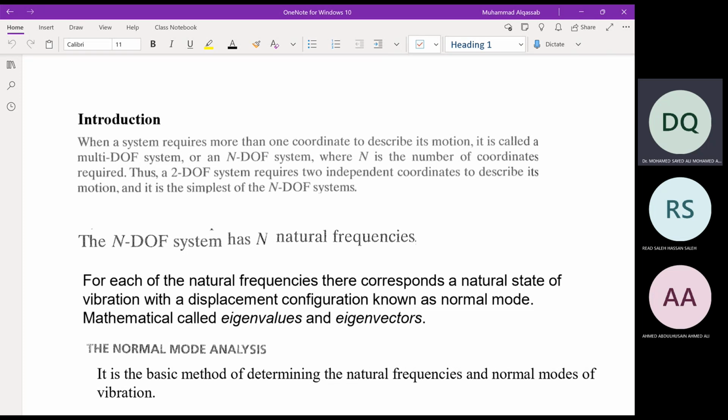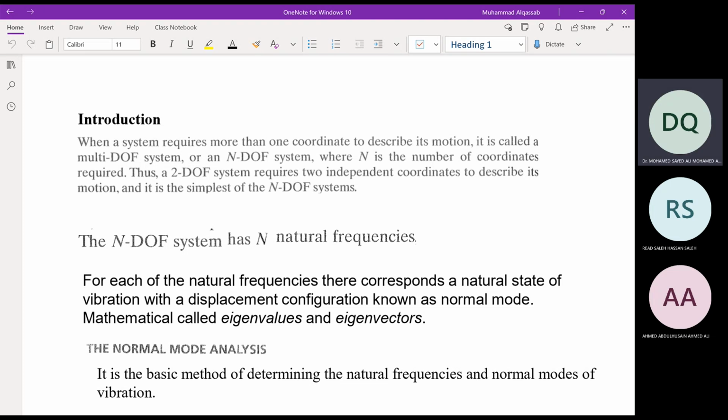And there is one more thing we will talk about here in free vibration. If you recall what we did in chapter 2, we find the natural frequency after we find the equation of motion, right? And then we can find the response if initial conditions are given. Here, before we talk about the response due to initial conditions, besides the natural frequencies, we will talk about what is called mode shape or normal mode.